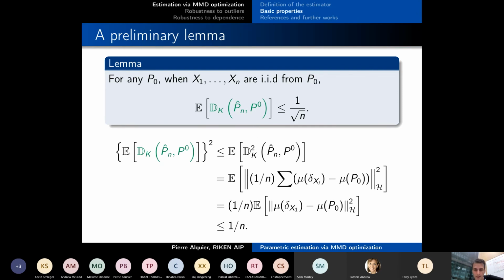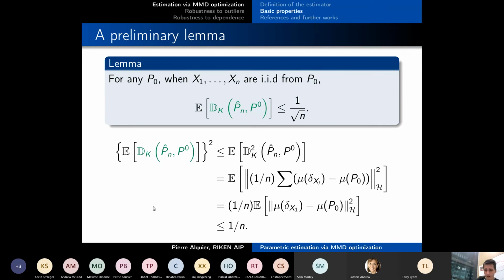If you rewrite the definition of P n hat, this is simply the computation of a variance of the mean, 1 over n times the sum of the Dirac masses of the xi's. And you just say that the variance of 1 over n times the sum is 1 over n times the variance of mu of x1, exactly as you would have in a real case.